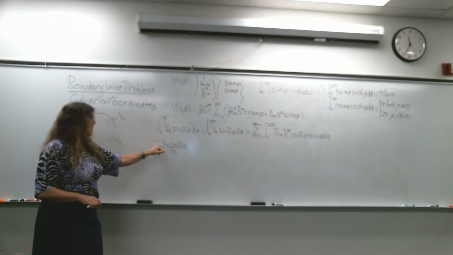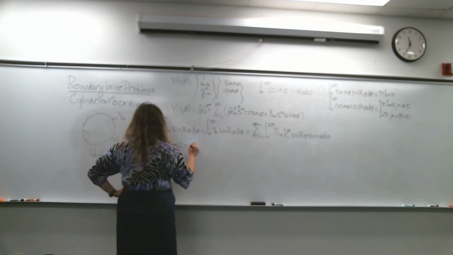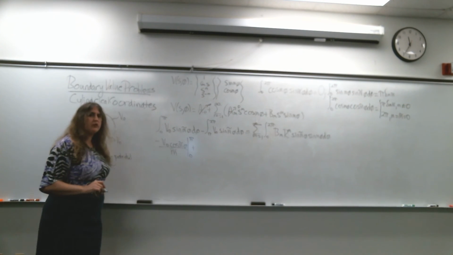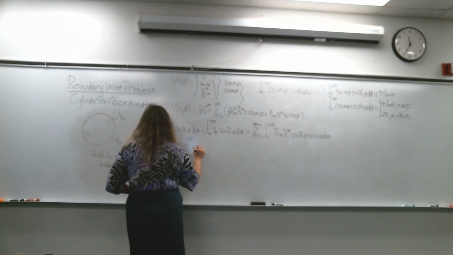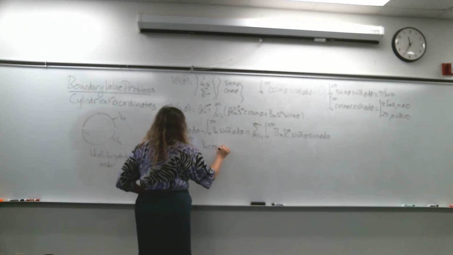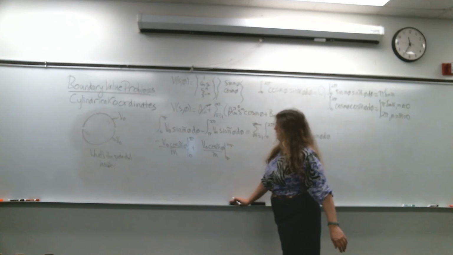But anyway, this is minus V naught cosine n tilde phi over n tilde, evaluating from 0 to pi, plus V naught cosine n tilde phi over n tilde.